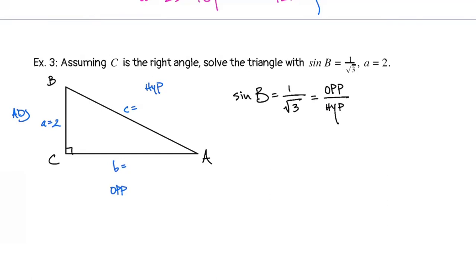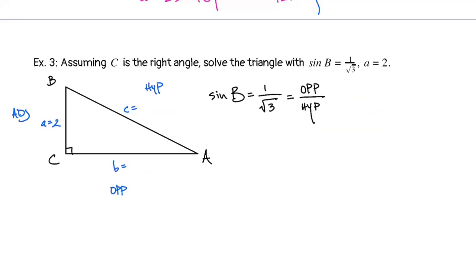But here's the thing. I don't know that this is 1 and this is square root of 3. And here's why. Remember those pink and purple and blue triangles we took a look at earlier? In all of them, we were able to reduce down and get the same value. Maybe before I reduced, this was like 2 over 2 root 3.